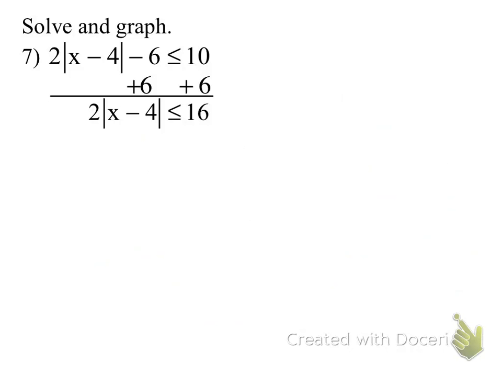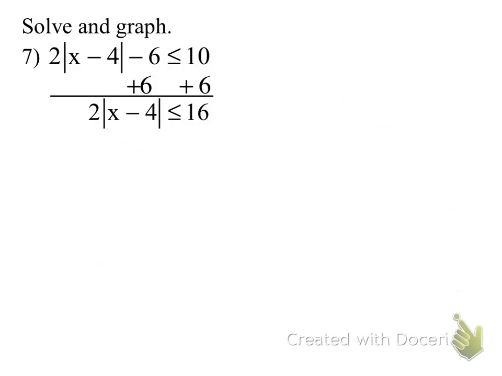Yeah, if the coefficient of that absolute value was a negative, right? If there was a negative here, as soon as I divide by negative 2, it flips my inequality. Don't write this down. Now it's a union, and then I branch. Now, for you guys, even the PowerPoint didn't say to do that.